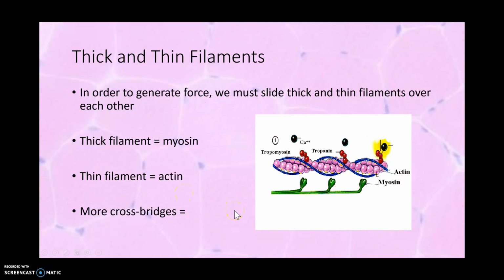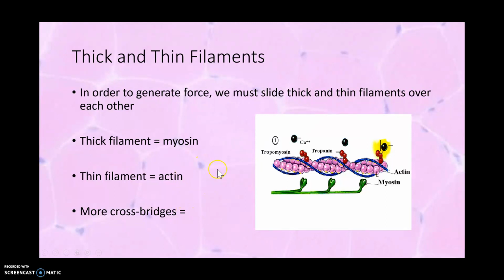Okay, so now that we know each component of a full muscle, fascicle, muscle fiber, we care about the actual contractile component of muscle cells. These are our thick and thin filaments. So in order for us to generate force, we must slide the thick and thin filaments over each other.